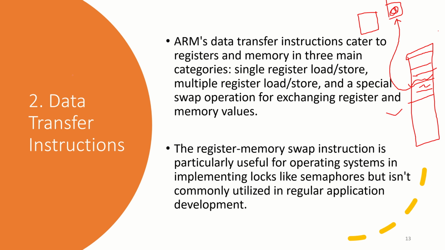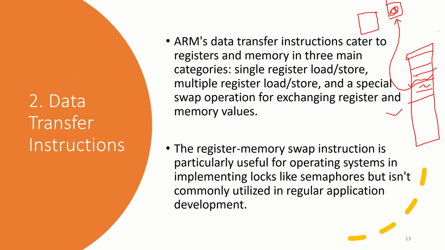First is loading the register, which means we are transferring data from a memory location to a particular register. Second is storing a register, which means we are storing the data in a register to a particular memory location. So this is called data transfer instructions.